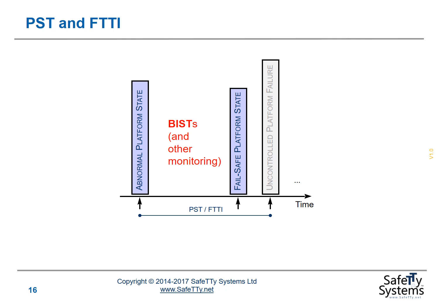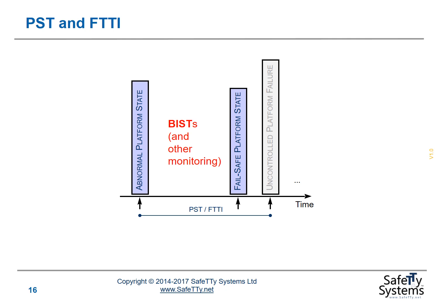So we perform our BISTs and other monitoring in order to ensure that, for example, we can enter a fail-safe platform state before we would otherwise experience an uncontrolled platform failure. This is the purpose of our BISTs and other monitoring in the system.